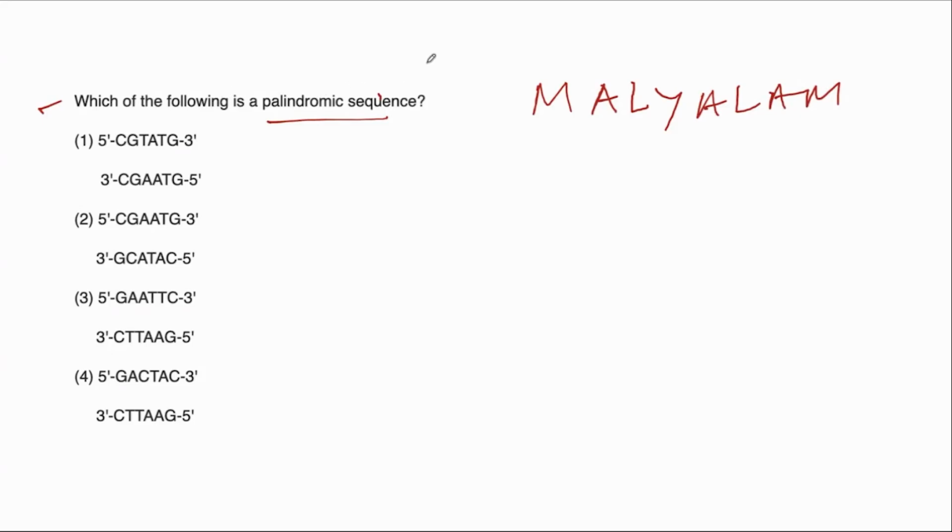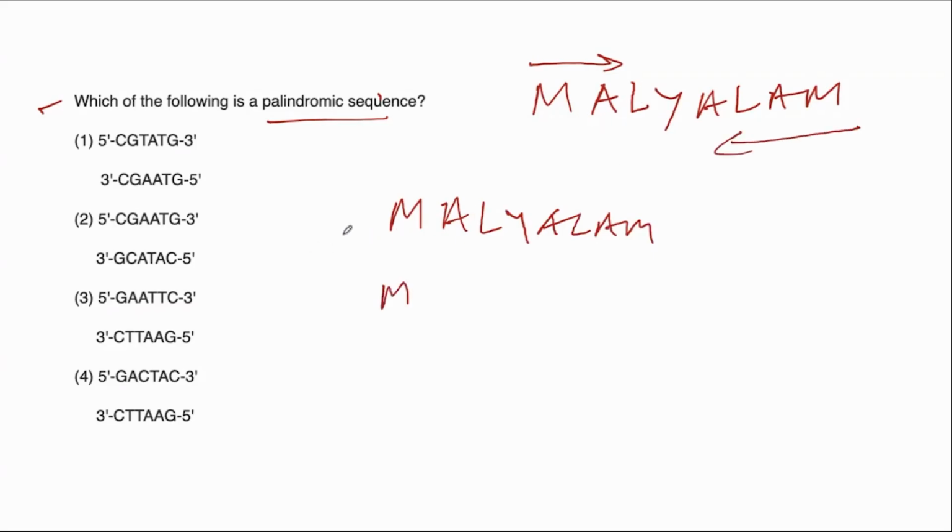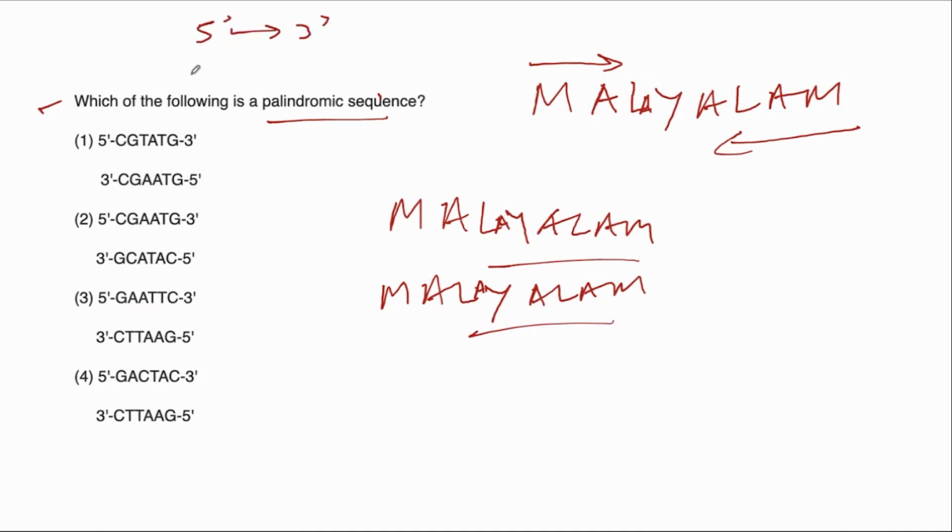If I write Malayalam and read it from this side, it's Malayalam. What if I read from the other side? It's again Malayalam. So if I read from both sides, that is, from 5 prime to 3 prime or 3 prime to 5 prime, it will be the same.